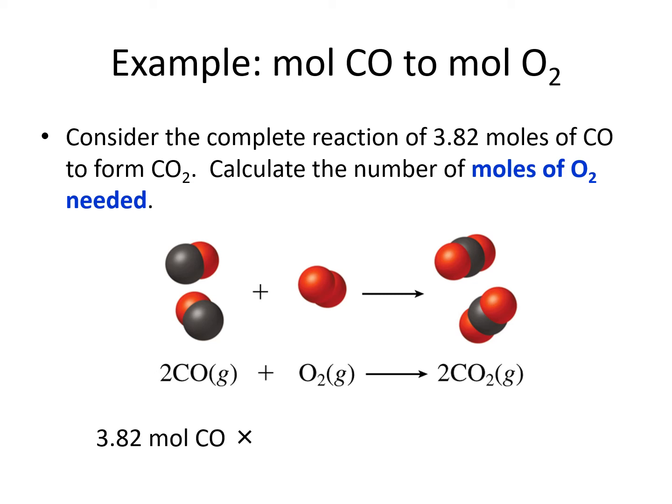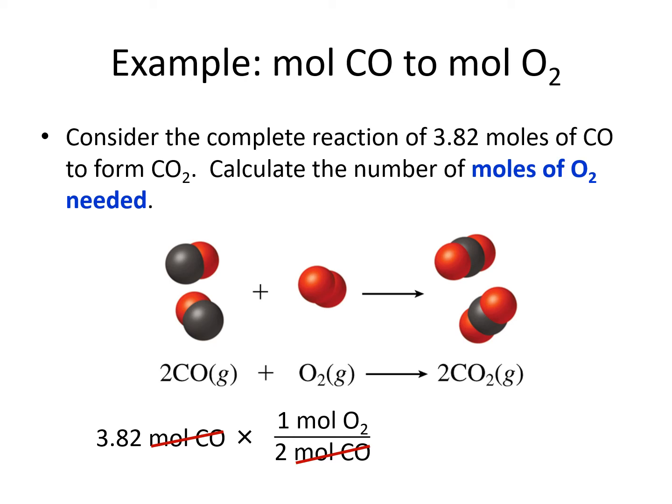Again, we're going to start with our value that's known, our 3.82 moles of CO. We've got moles of CO on the bottom of our stoichiometric factor to cancel out. Moles of oxygen is what we're trying to solve for, so that goes on top. In our balanced chemical equation, there's a 2 next to the CO, so we write that next to moles of CO in our conversion factor.